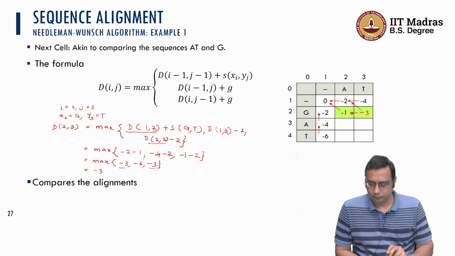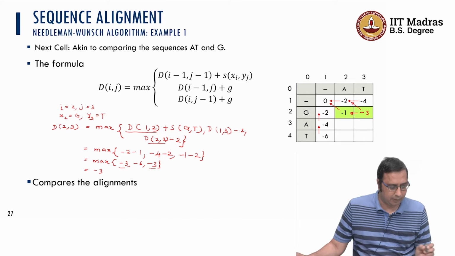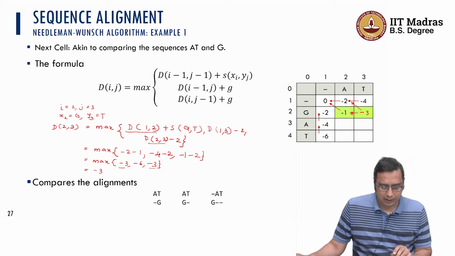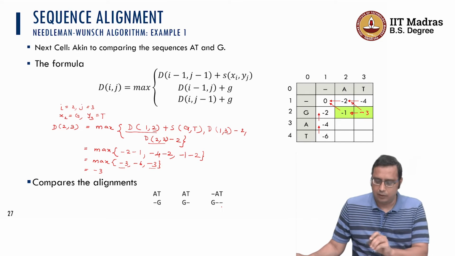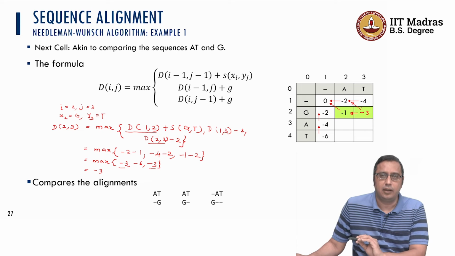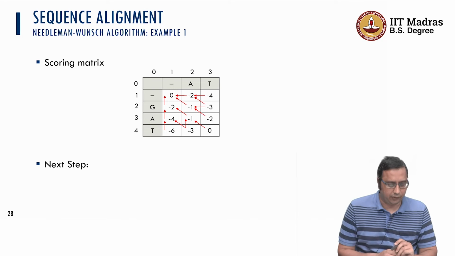Okay, so we have two arrows. It gives you an idea, and here we are comparing the following alignments: AT with a gap and GT, AT with G gap. This makes the computation of scores in the cells of this D matrix, or scoring matrix, straightforward. Now we'll do similarly and complete the scoring matrix.